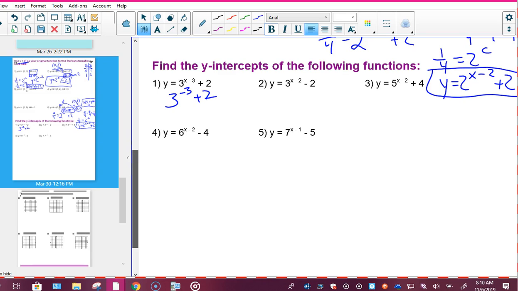And then you have to be good with your exponent rules. So this will be 1 over 27 plus 2. What is 2 times 27? 54.